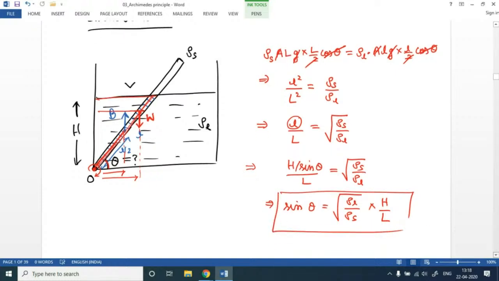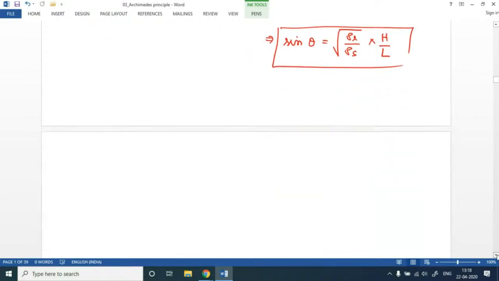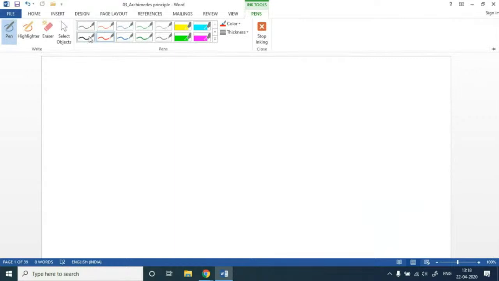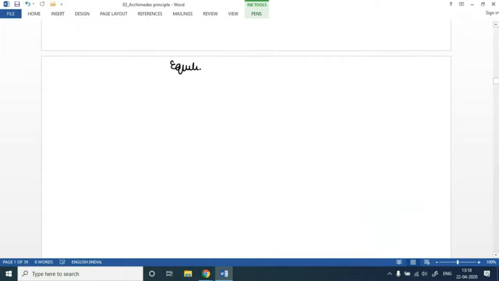Okay, so now let's discuss one more concept, that is the concept of metacenter, and that would be necessary in order to decide the equilibrium of floating bodies, whether the equilibrium is stable or unstable or neutral. So now you see, let's discuss the equilibrium of floating bodies for its stability.